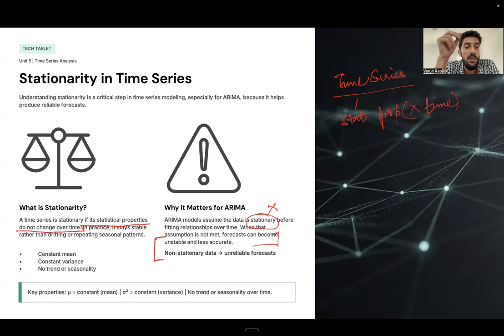So you have stationary data, which supports a reliable forecast, and then you have non-stationary data, which might not give you a reliable output, but it can still be used the way we need to solve a problem statement in time series.